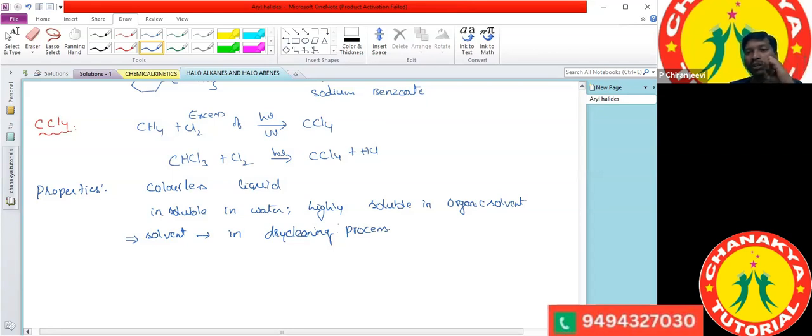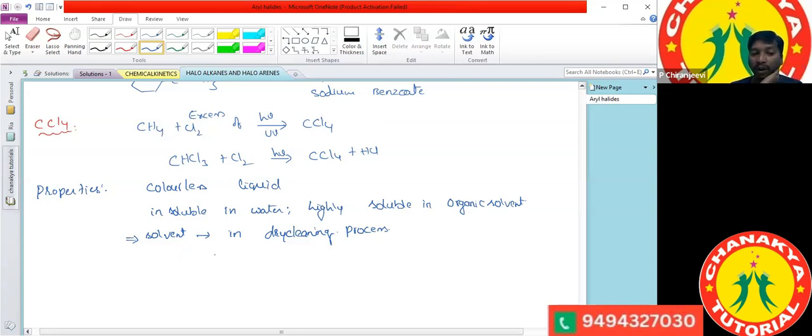So what do we do? We give it for dry cleaning. By using suitable solvents, they remove oil marks or grease marks from the clothes. That procedure is called the dry cleaning process. So in dry cleaning also, carbon tetrachloride is used as a solvent.